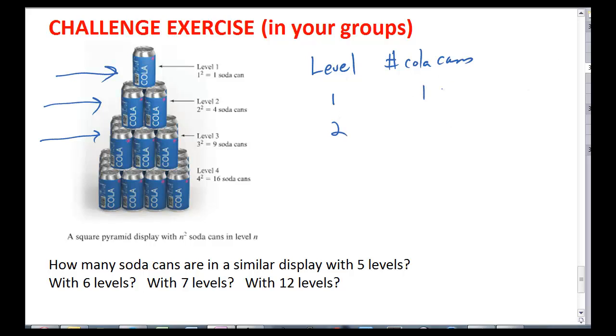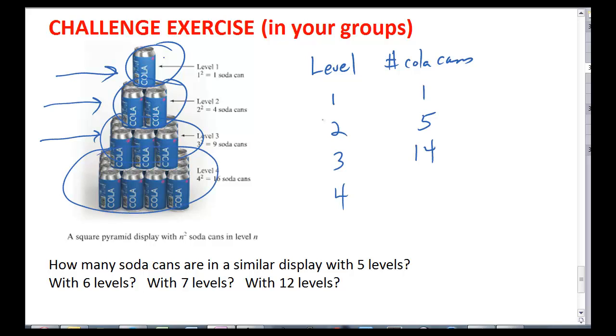When I've got 2 levels, the number of coelacanths was this 1 plus 4 more. That's 5. When I've got 3, I've got the 1 and the 4 plus 9 more. That's 5 plus 9, or 14. When I add a 4th level, I've got the 14 I had from the first 3 plus 16 more. That's 30, and so on.